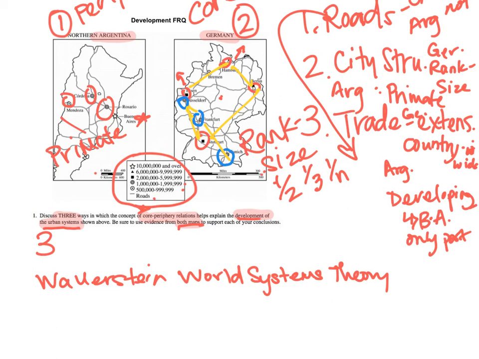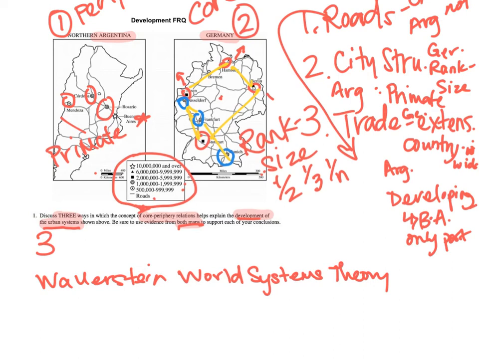Now, that is one thing that I didn't mention, although it does make sense, right? The further you are from Buenos Aires, the less influence you have, the less control Buenos Aires has over you. You don't really see that with Germany because of how evenly spaced their population centers are.